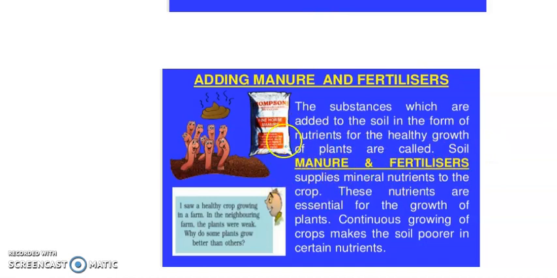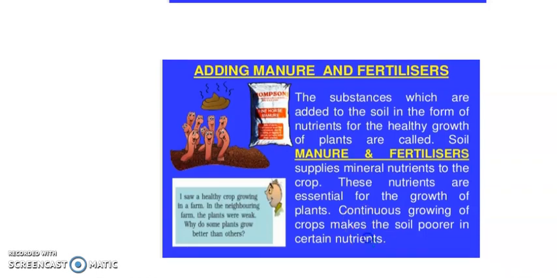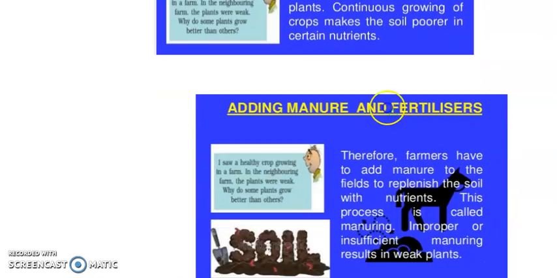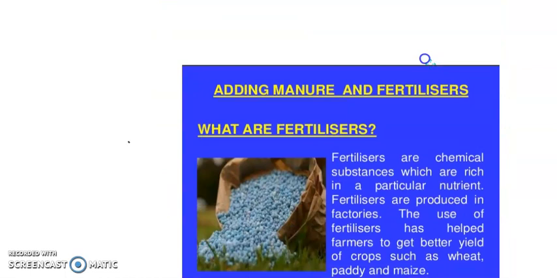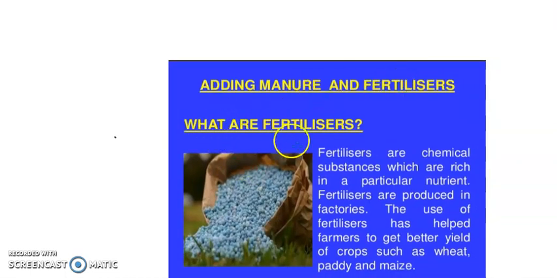Manure is the natural supplement. It is made from crop waste or animal waste, and it helps in good production of the crop, but the process is really slow in manure. Nowadays farmers need the process to be done faster, so we use chemicals, that are the fertilizers.